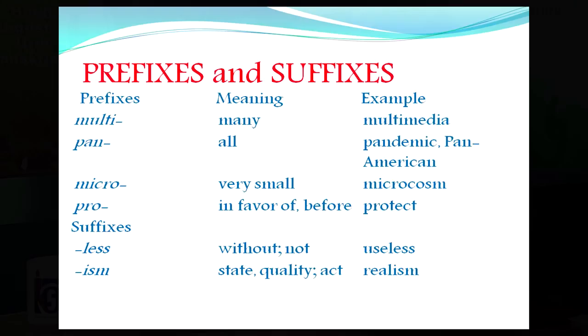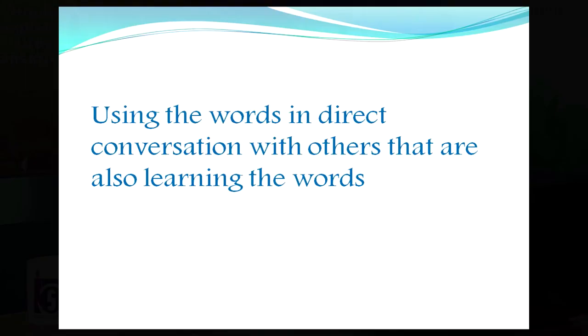So, if you are good at learning prefixes, suffixes, roots of the word, it will be very, very easy to learn more and more words, and to be very honest, you will be able to retain them for longer and impress your listeners or readers using the words in direct conversation with others who are also learning the words. So, when you use them while talking, not only are you benefited, even your listeners are benefited by the words that you have used.